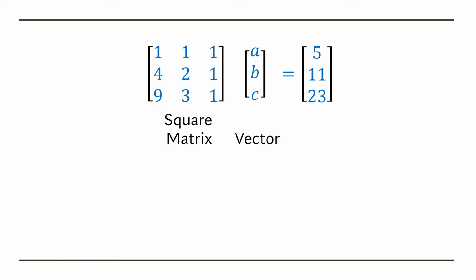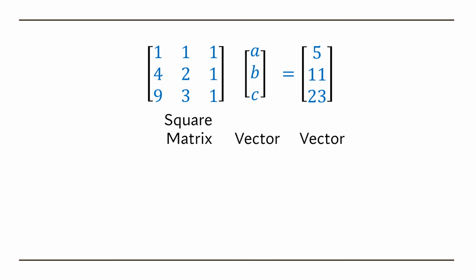So in this case, the square matrix is multiplied by a vector, and it is set equal to, as you might guess, another vector. In this case, it's the values on the right side of the equation.